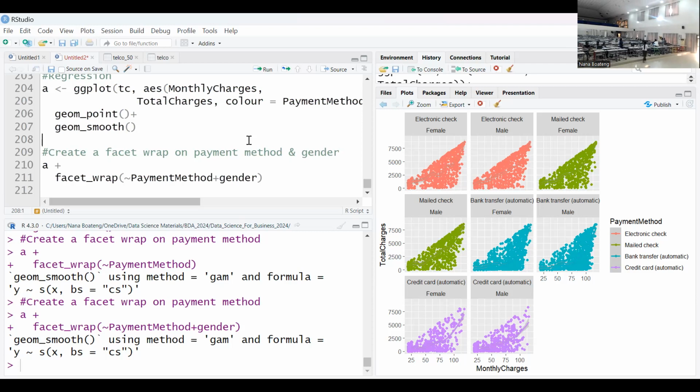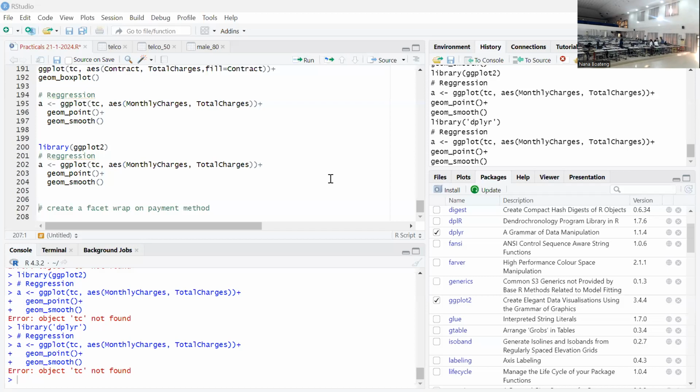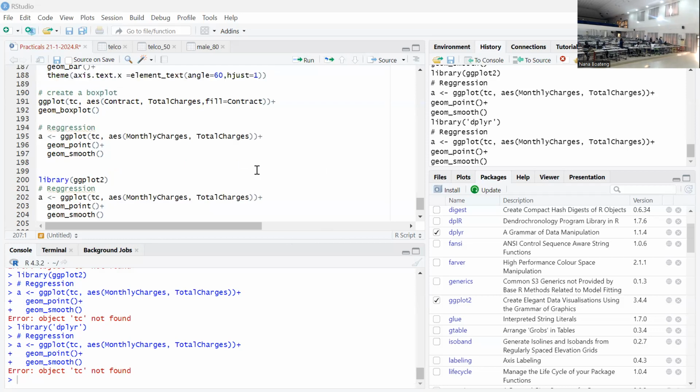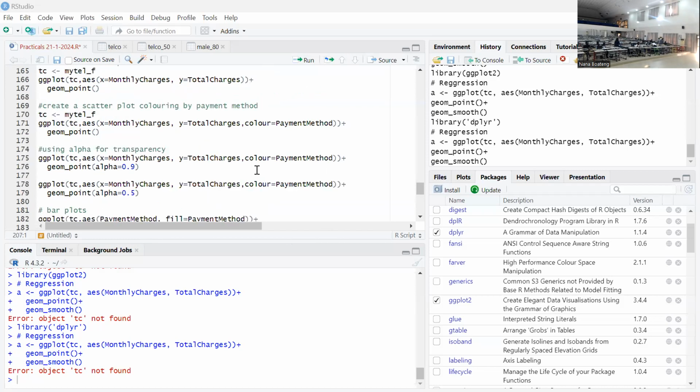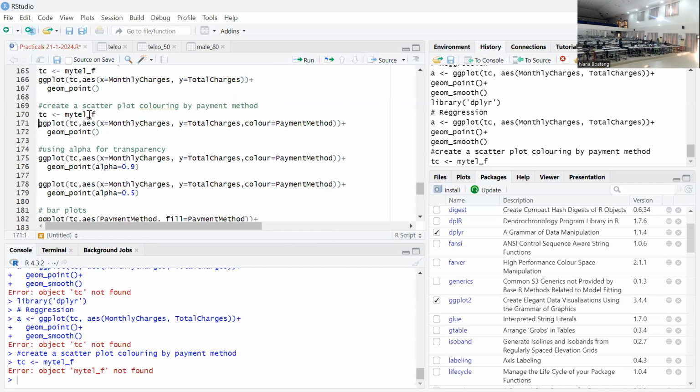Okay, so did you name the TC? When we changed the name, did you name it as well? So why is it saying that? Run line 170 again. Have you run it? They are now saying my tel F not found.